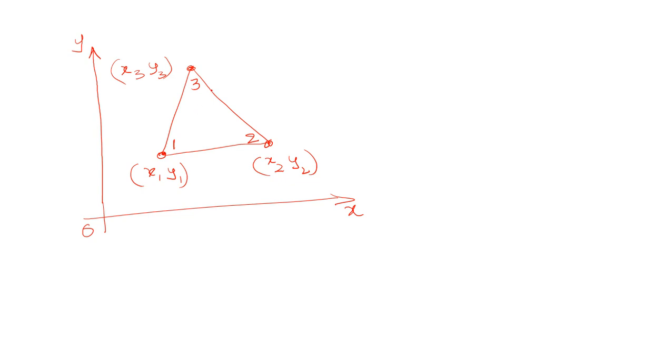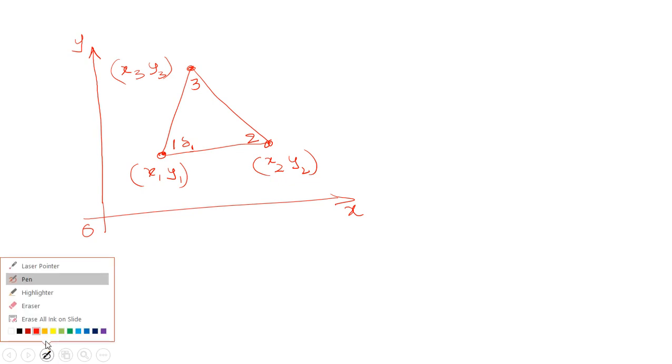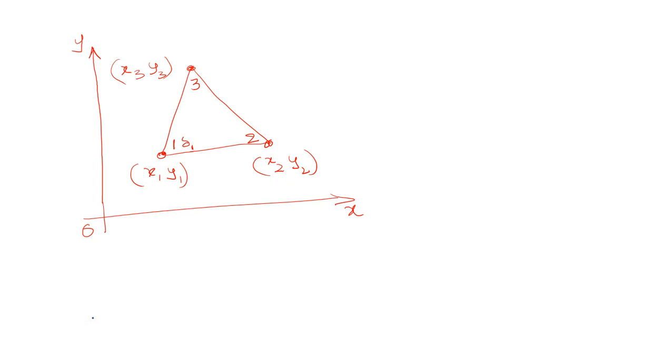At the same time, at node 1 there may be a deflection delta 1. Suppose this one is delta 1, the displacement at node 1, delta 2 the displacement at node 2, and delta 3 at node 3. Deltas are the displacements.